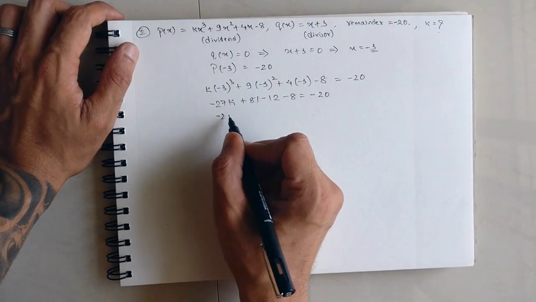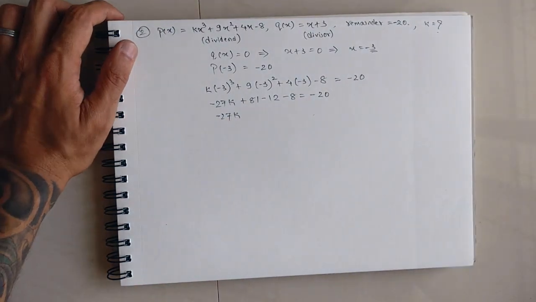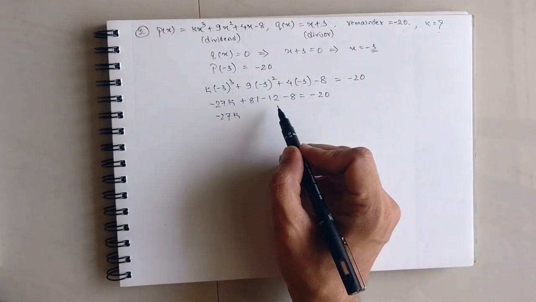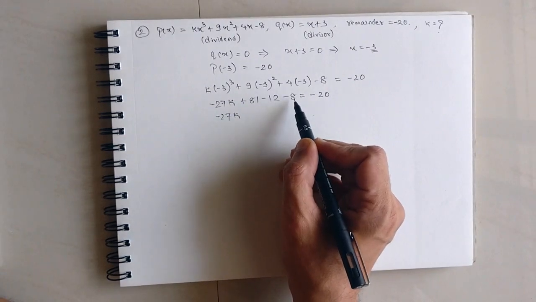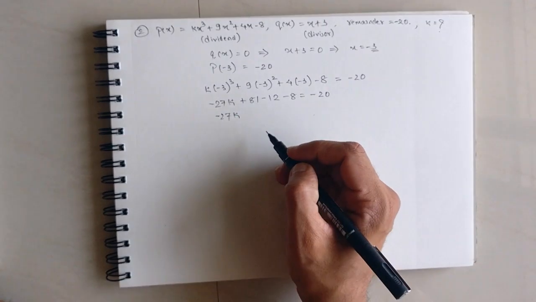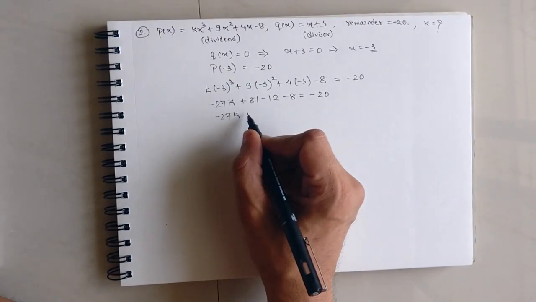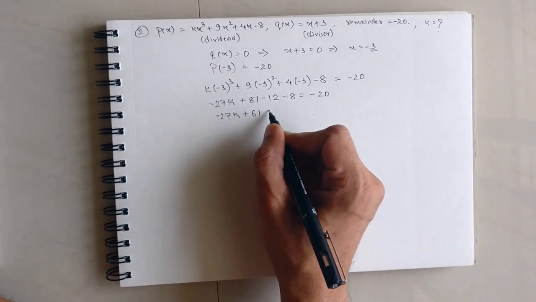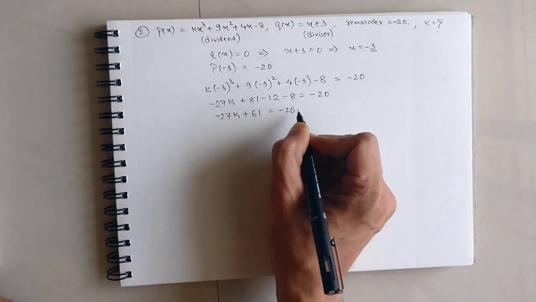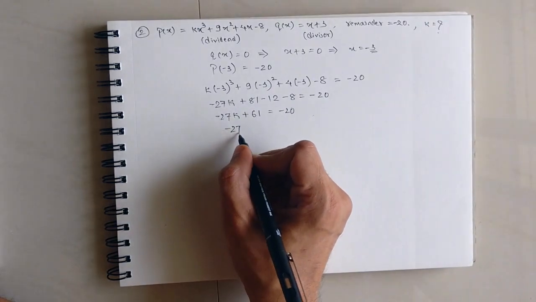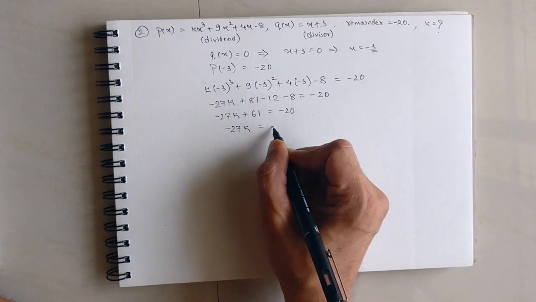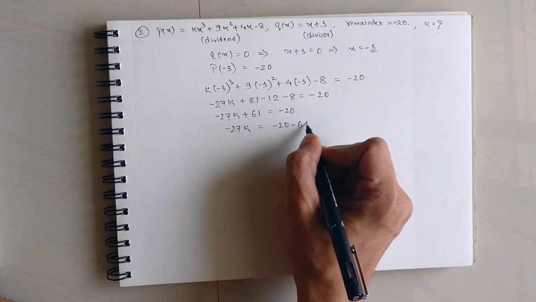Okay. Minus 27k. Here what do we have? Minus 12 minus 8 is minus 20. 81 minus 20 is plus 61. Let's shift 61 over there. Minus 27k is equal to minus 20 minus 61.